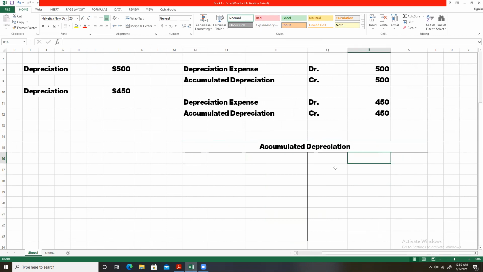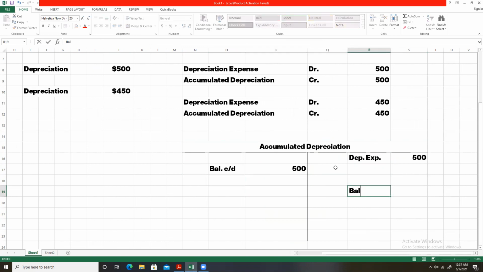In the first year, we charged a depreciation expense of $500. At the end of the first year, we have a balance of $500 in the accumulated depreciation account.